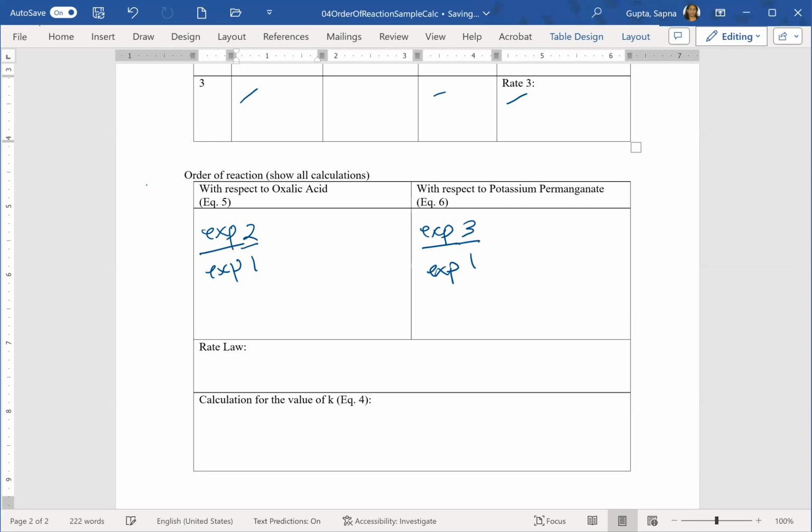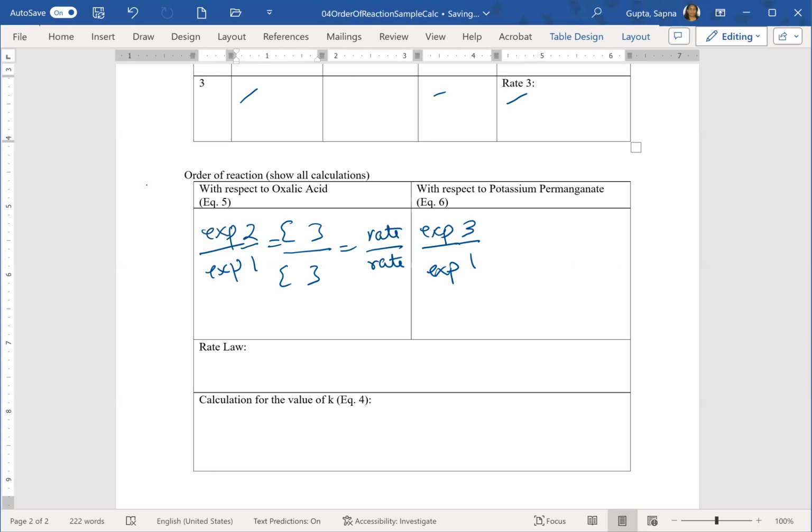You can do it the other way, experiment 1/3. I like to have my large numbers up, and by large numbers, I mean what's going to come on the rate of reaction. Because remember, you're changing the concentration and comparing it to the rate.